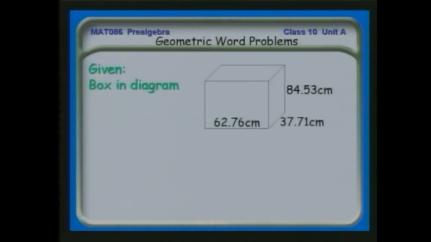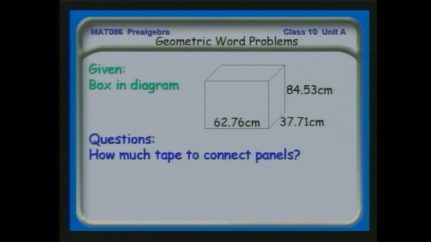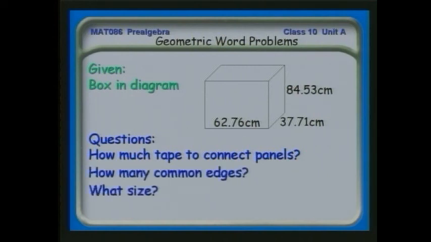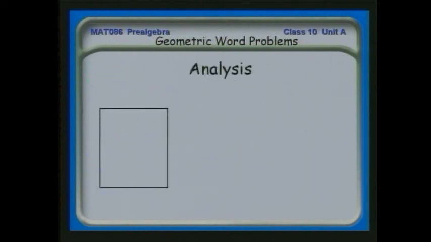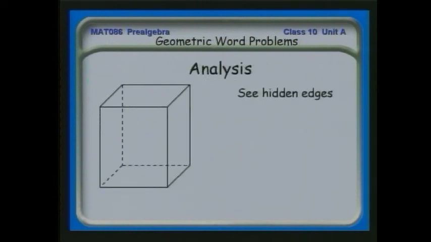We're given the size of the box. There's the diagram of the box given in centimeters. Remember, a centimeter is about 1/3 of an inch. And we want to know how much tape I need total. Now, this is one where we're going to have to ask how many common edges and what size we have. There's the front of the box, and let's see the hidden edges.